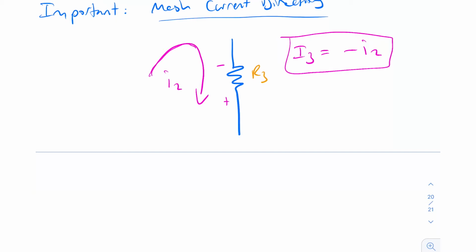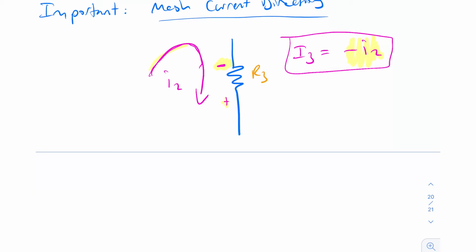The mesh current I2 is coming at this component R3 from its minus side. So the current is going from minus to plus, the opposite way. Remember, current flows positive to negative, so this is coming negative to positive. So you're going to end up with a minus when you're doing the mesh current directions here.